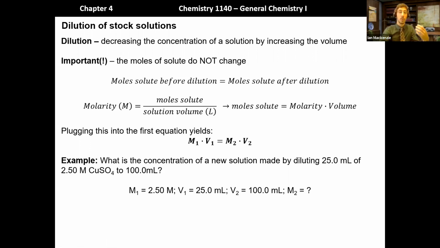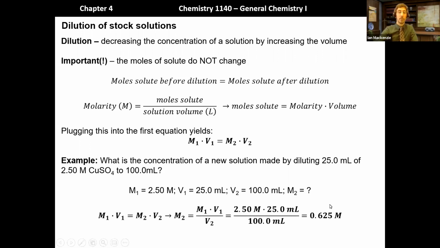M2 is the thing we don't know. So we simply rearrange our equation, doing a little bit of algebra to solve for M2 by dividing both sides by V2. Plug those numbers in just as they are. The milliliters cancel, and I'm left with units of molarity, which is what I want. Multiply this through, and you come out with a concentration of this final solution of 0.625 molar.